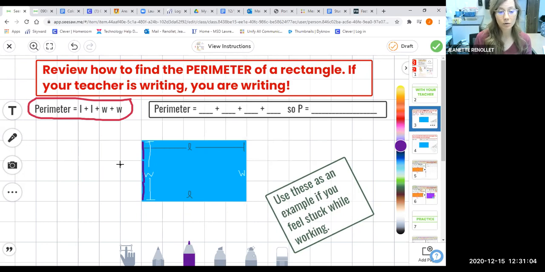I can label 3 units long. If the left width is 3 units long, that means the right side is going to match. This is 1, 2, 3 units long. Label your widths just like I did.